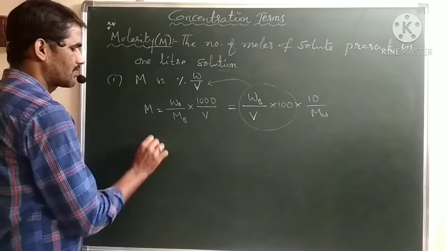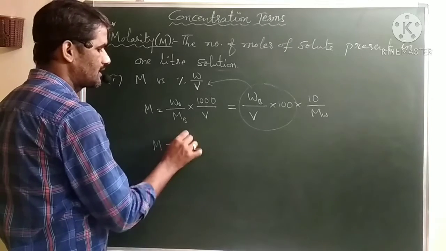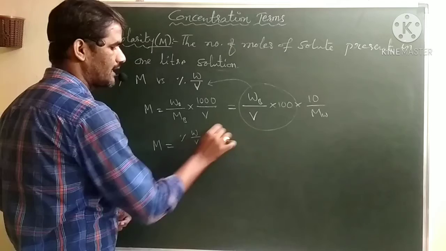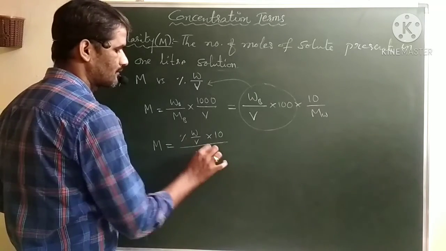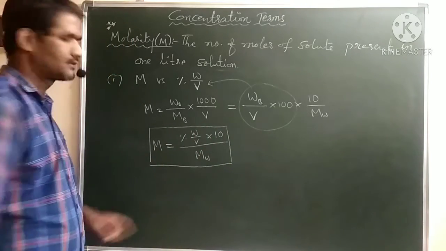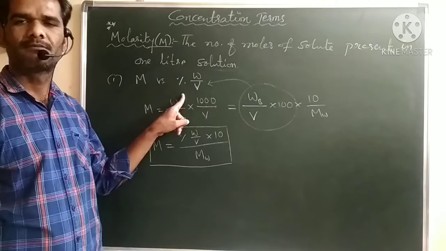So now we can write the relation: molarity is equals to percentage mass by volume into 10 by molar mass of solute. So this is a relation between molarity and percentage mass by volume.